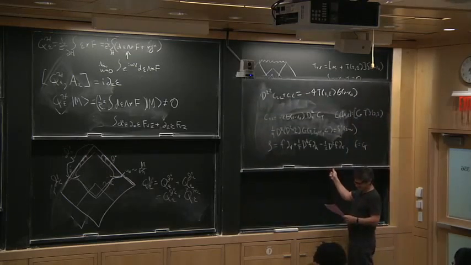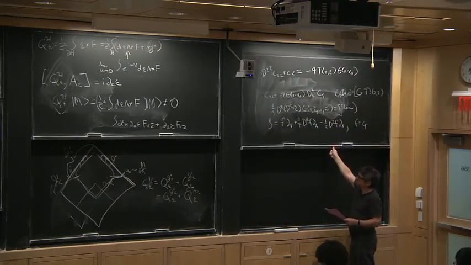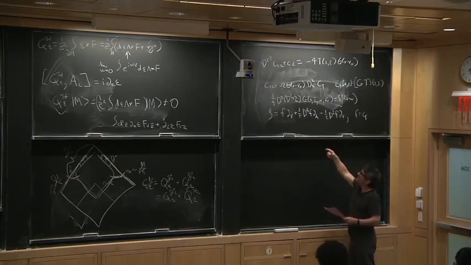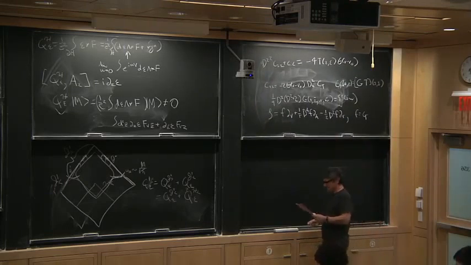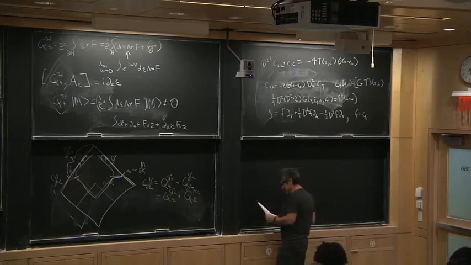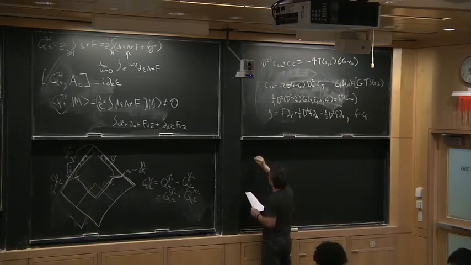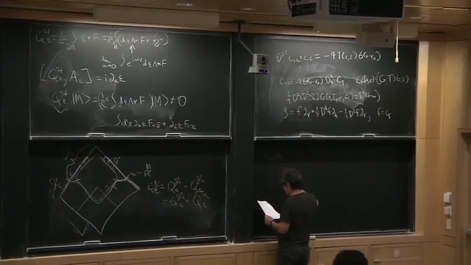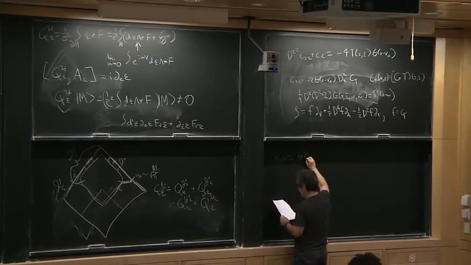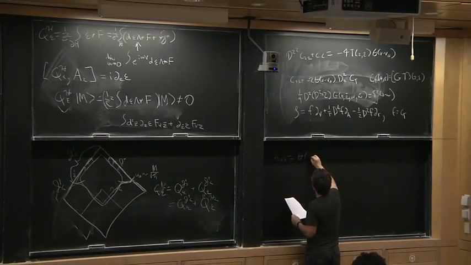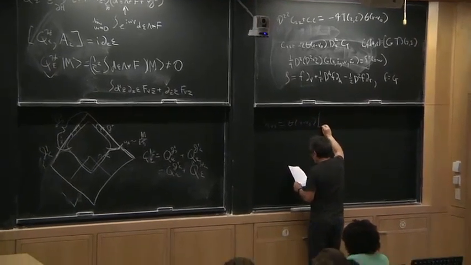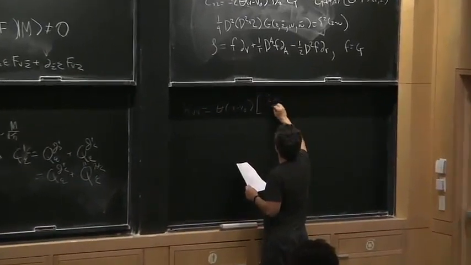The extension is more complicated than in the electromagnetic case, and one finds that hvv is equal to theta of v minus v0 times 2 mu over r.